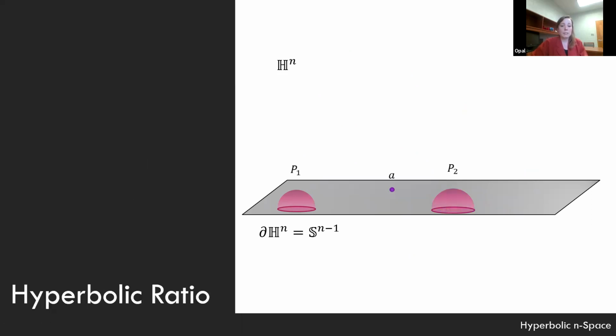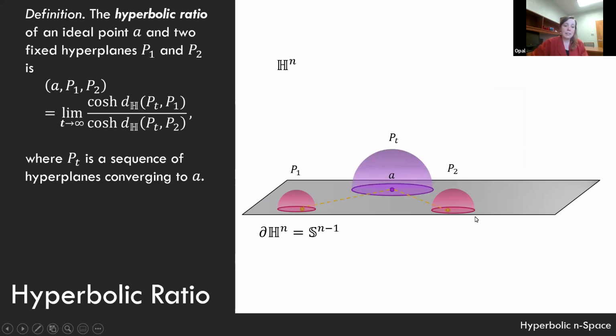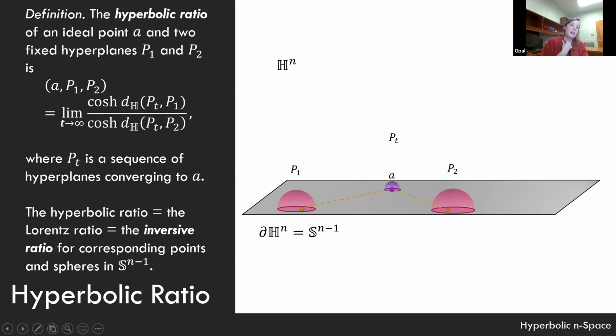And to give an idea of what that looks like for us, the hyperbolic ratio can be, if you have an ideal point and two fixed hyperplanes, then take a sequence of hyperplanes limiting to that point, and you would look at the limit of this ratio, the hyperbolic cosine of that hyperbolic distance for each of those hyperplanes there.